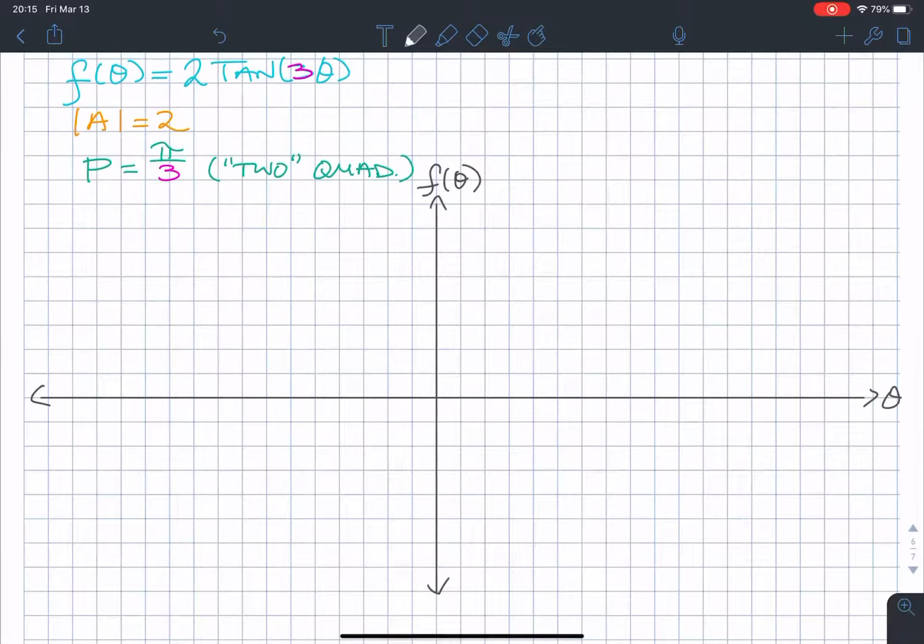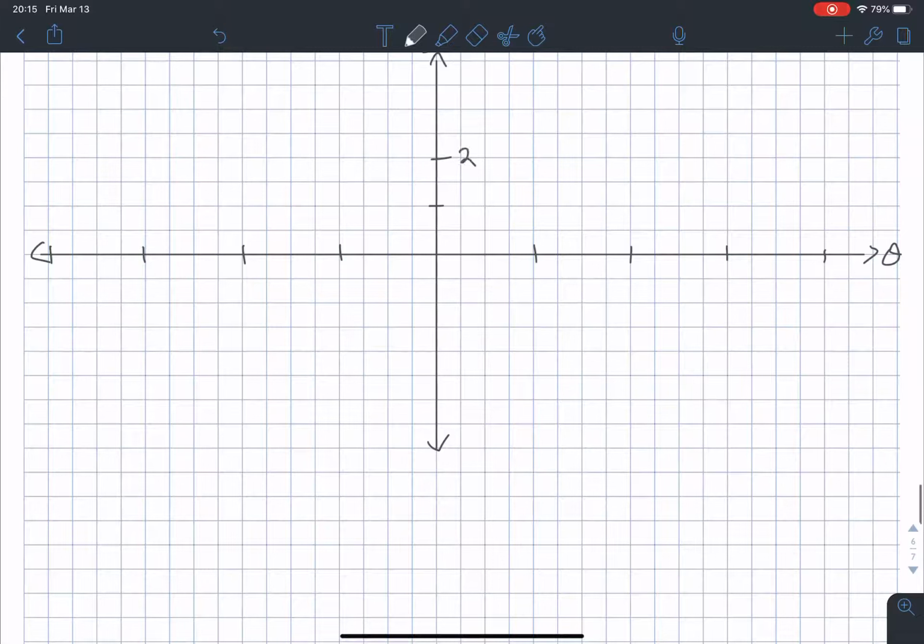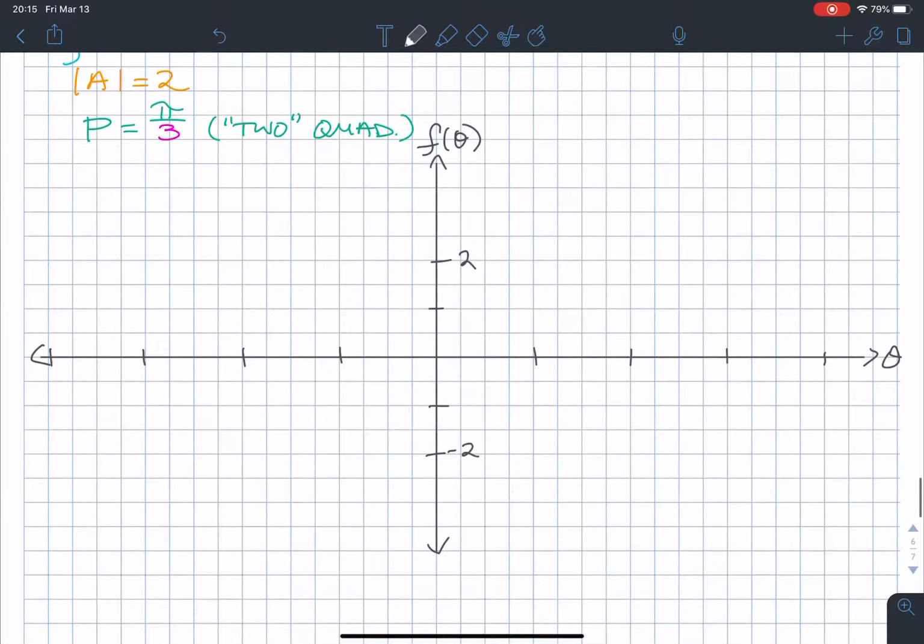Okay, so let's split this up into 1, 2, 3, 4 parts going forward, and 1, 2, 3, 4 parts going backwards. My amplitude is now 2. So going up 2 and down 2. Okay, so usually it'd be 2 pi, but I'm going to have to divide by something. Pi over 2 divided by something, pi divided by something, 3 pi over 2 divided by something.